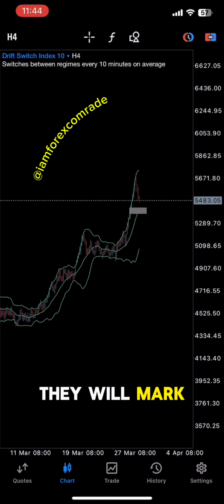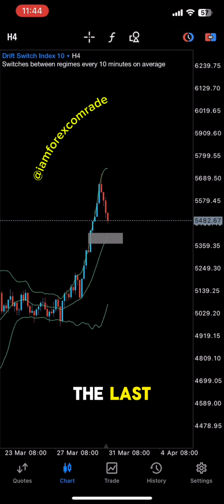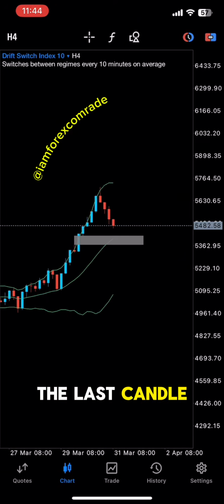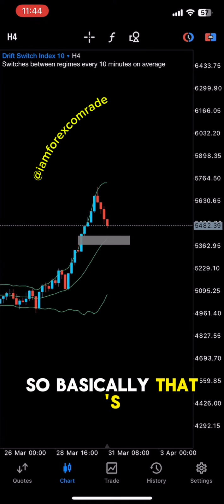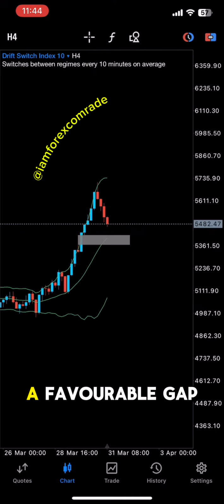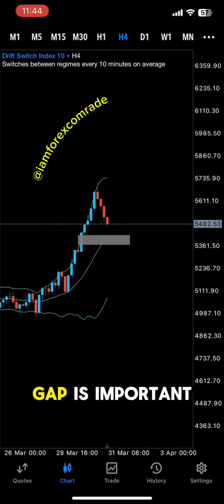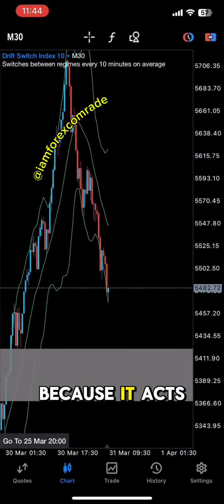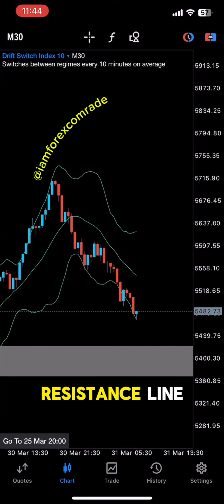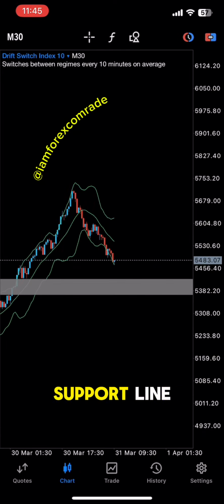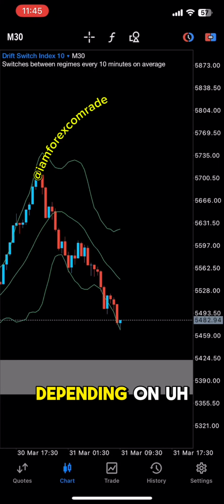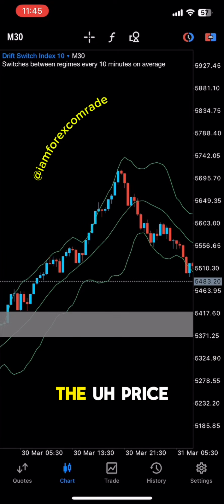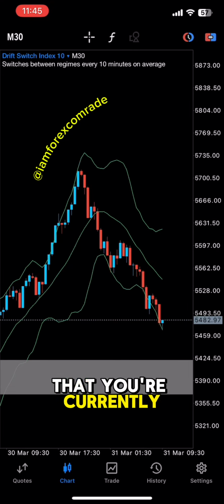We mark the difference between the close of the last candle and the opening of the next candle. Basically that's how we identify a fair value gap. It is important because it acts as a major resistance line or a major support line, depending on the price that you're currently on.